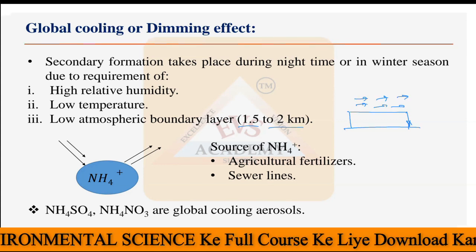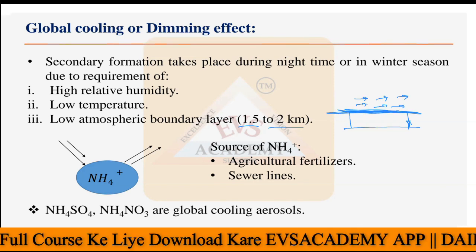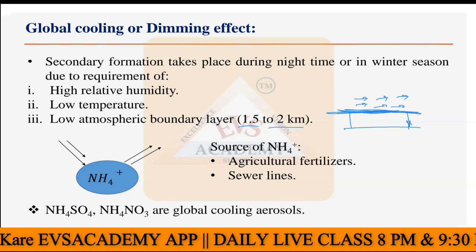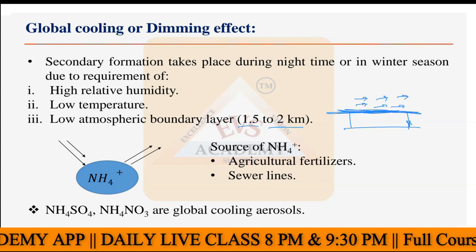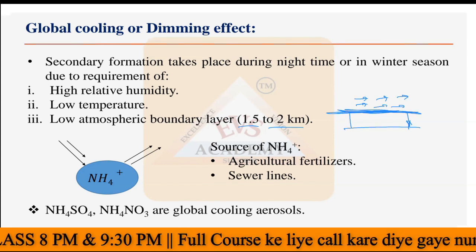So this atmospheric boundary should be in the range of 1.5 to 2 kilometers, relative humidity should be very high and the temperature should be very, very low. This is how the secondary formation takes place.